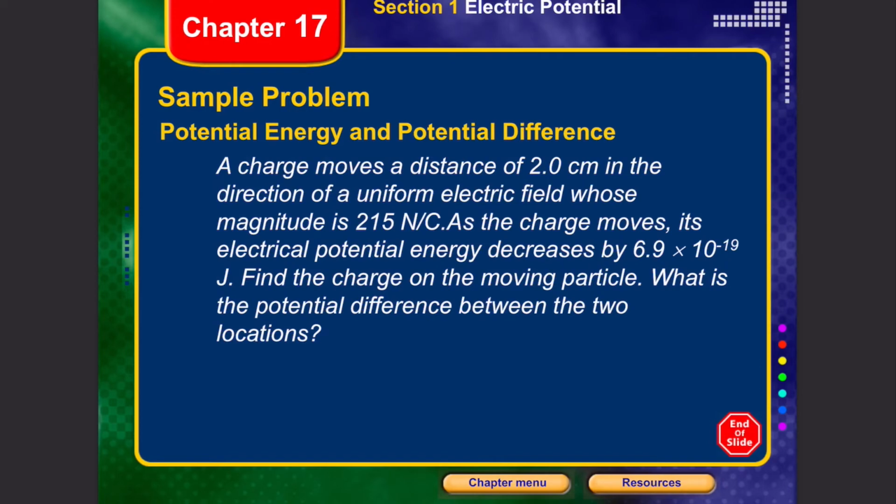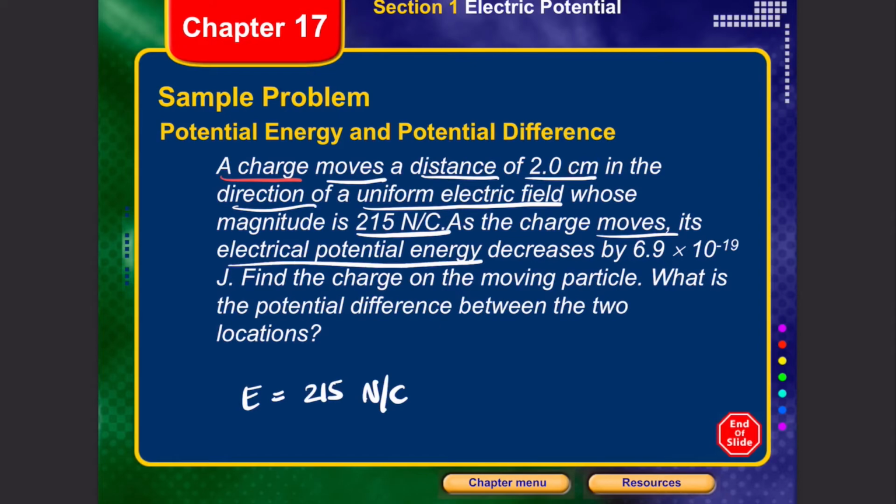It's given that a charge moves a distance of 2.0 centimeters in the direction of a uniform electrical field whose magnitude is 215 Newton per coulomb. As the charge moves, its electrical potential energy decreases by 6.9 times 10 to the power negative 19 joule.